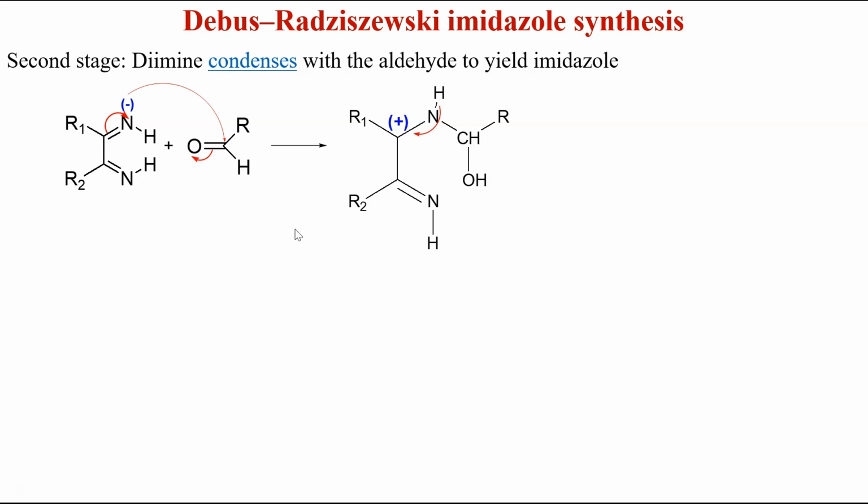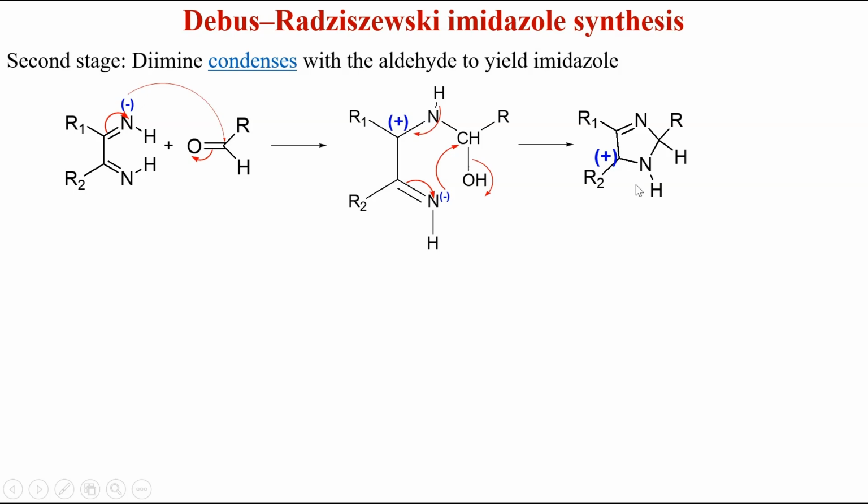Further, the pi electrons over here move towards the nitrogen, creating a negative, electron rich center, which attacks the carbon, and OH gets kicked off, giving rise to the corresponding imidazole derivative.